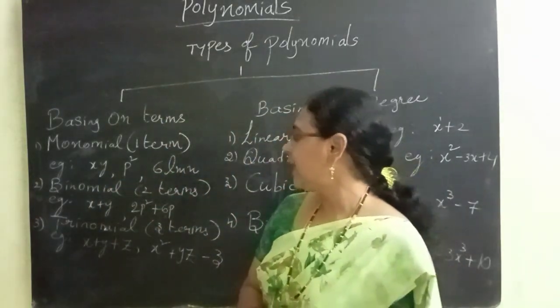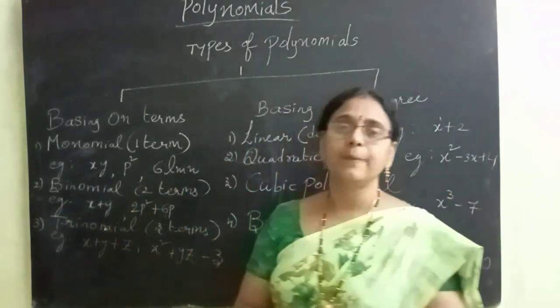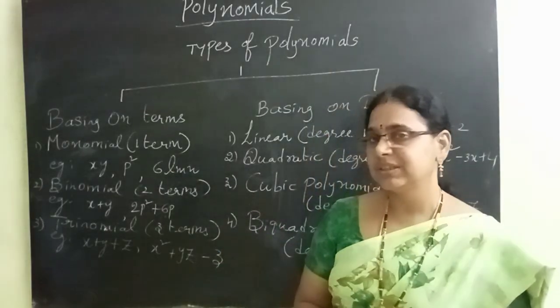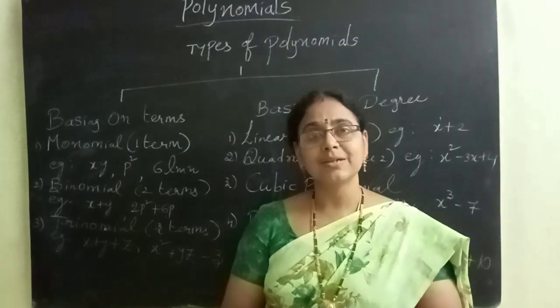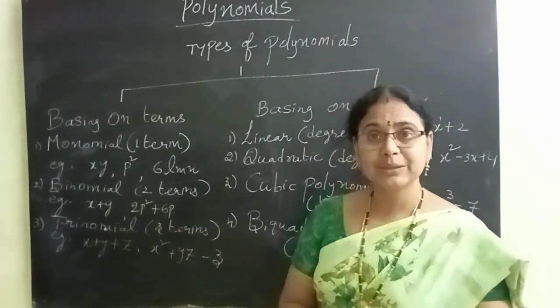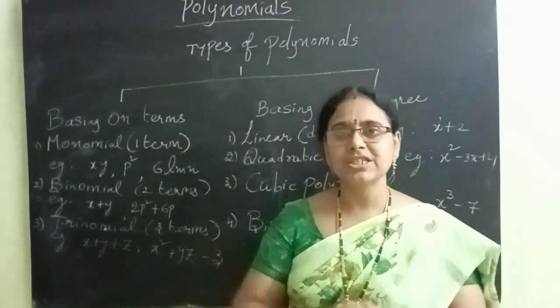Next, a polynomial having two terms, then we will say it is a binomial. A polynomial having two terms is known as binomial. Check here, x plus y. X is a term, y is a term. Plus divides these two. 2p square plus 6p. 2p square is a term, 6p is a term. Plus divides these two.